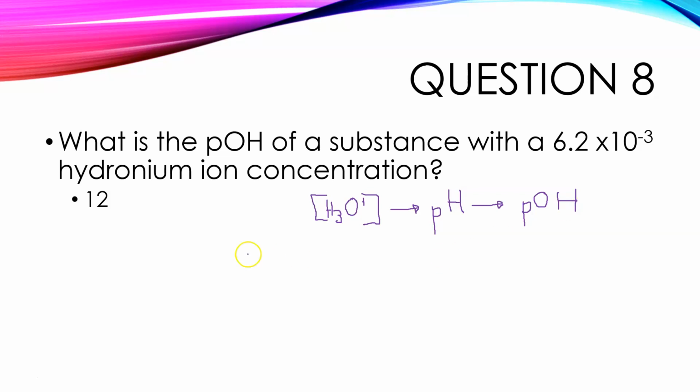We would start off by doing the pH equals the negative log of our hydronium ion concentration, which in this case was 6.2 times 10 to the negative third. When you enter that into your calculator, you would have gotten an answer of 2.2076.